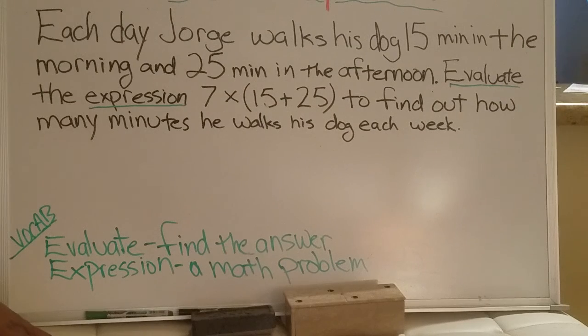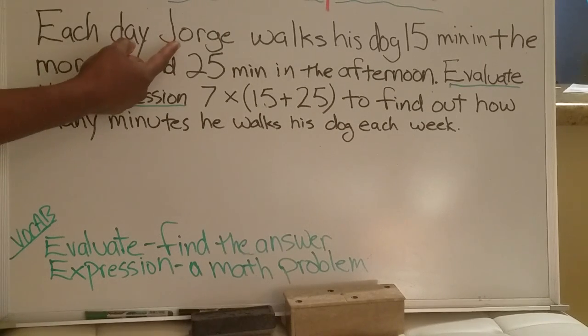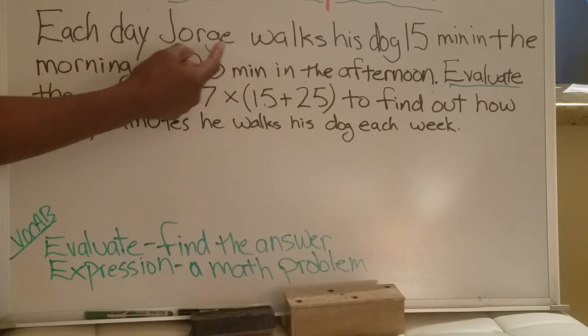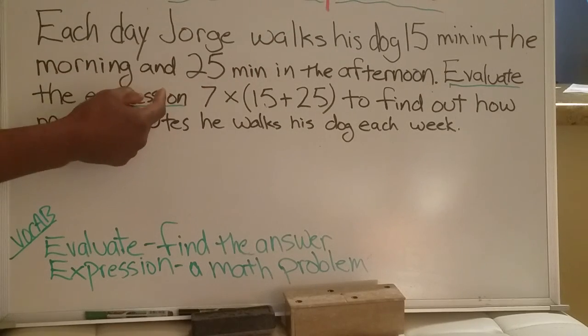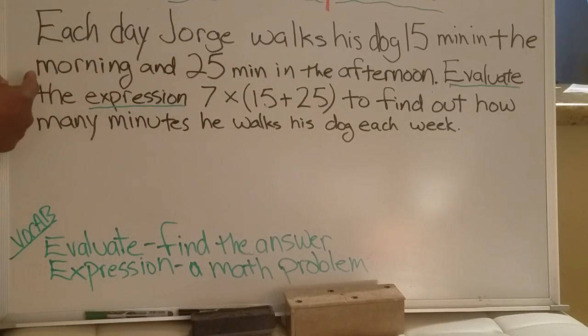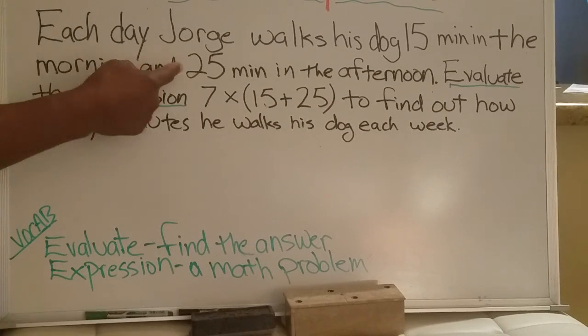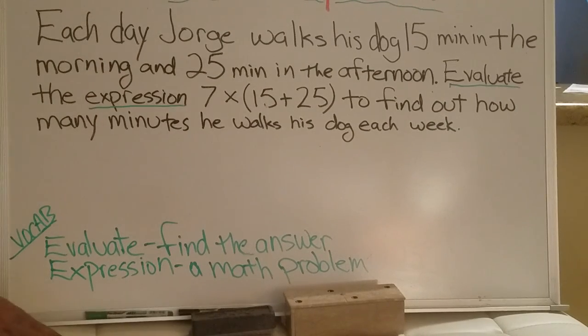Okay, let's take a look at the very first problem. It's a word problem, and I'd probably say that 80% of the problems in math will be word problems. The first one says each day Jorge walks his dog 15 minutes in the morning and 25 minutes in the afternoon.